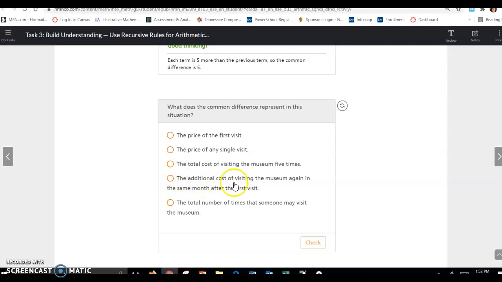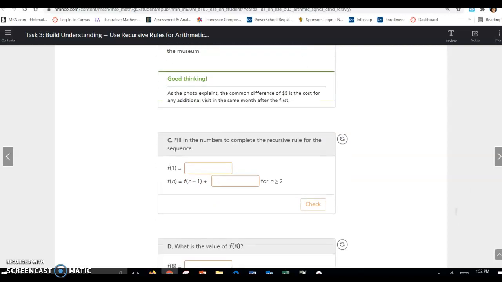Nope. The additional cost of visiting the museum again in the same month after the first visit. All right, so that is the correct answer. So the common difference, the $5 that you add, is the additional cost of visiting the museum in the same month after the first visit.